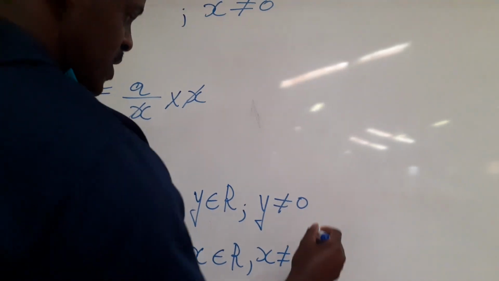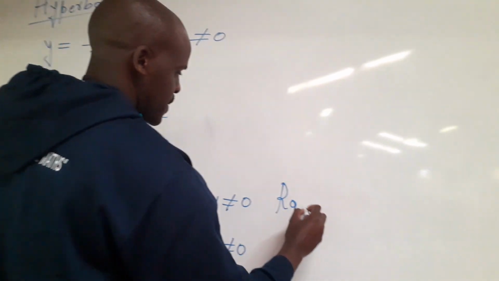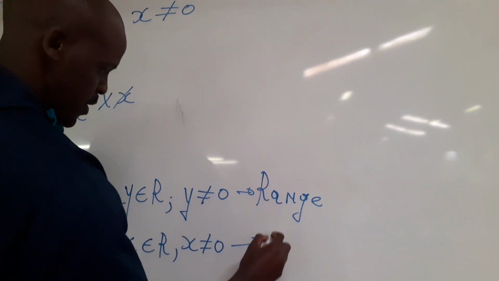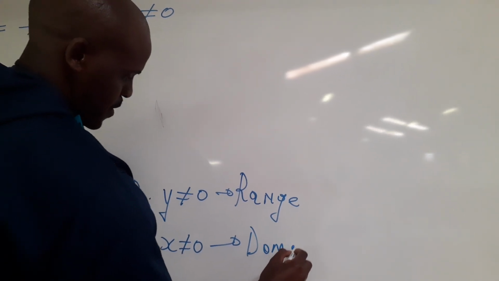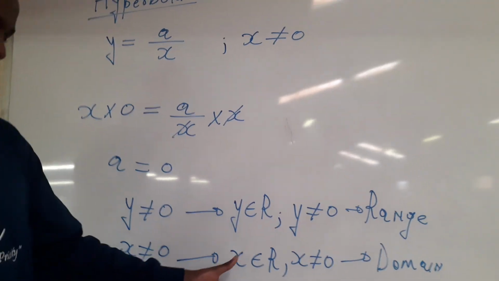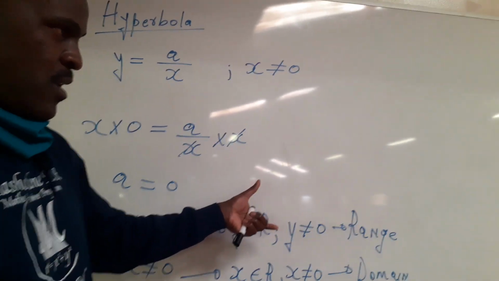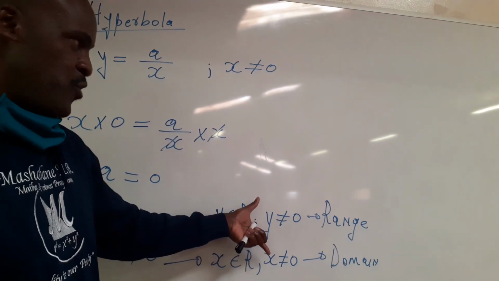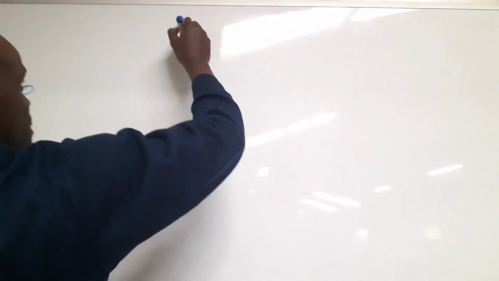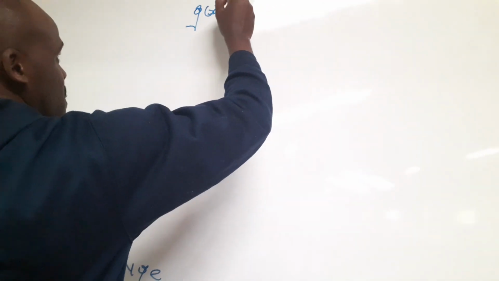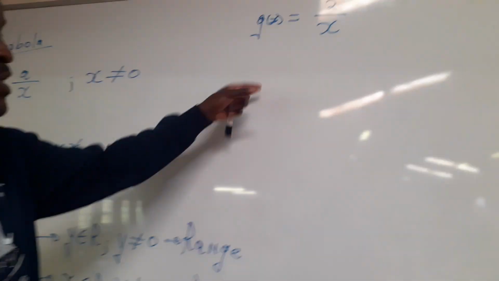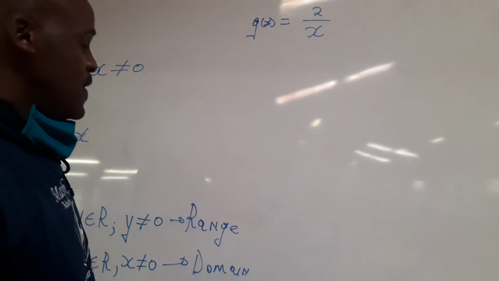So in this case, this is our range, and this is our domain. These are the restrictions that will give us what we call the asymptotes. Let's say, for instance, we've got this graph, g of x is equal to 2 over x, and you are to sketch this function, right?